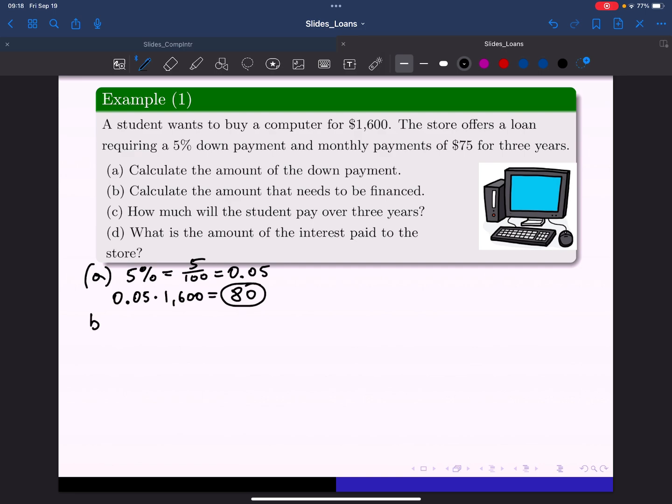Now, part B, calculate the amount that needs to be financed. So how much money do we need to borrow from the store, or from the bank or financial institution.